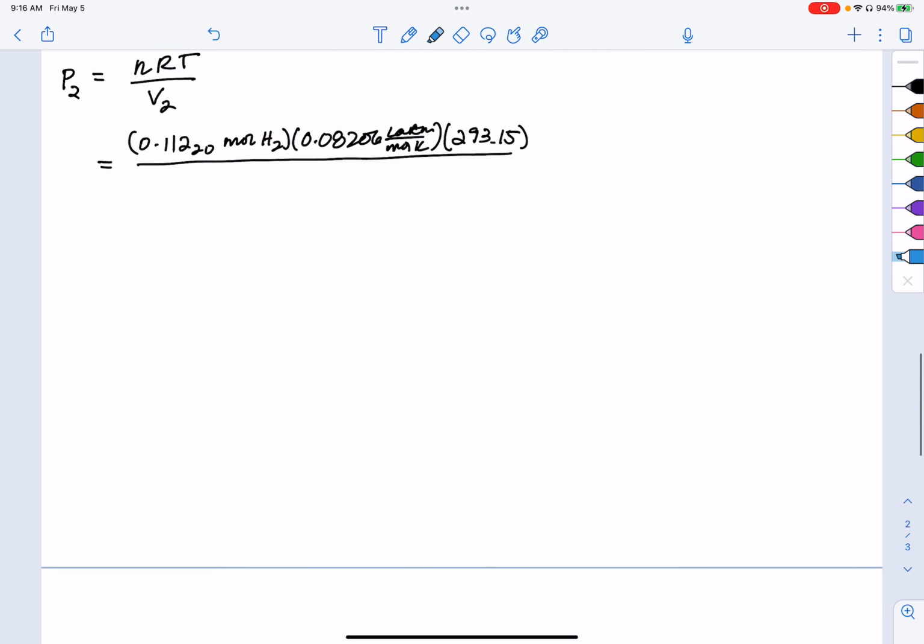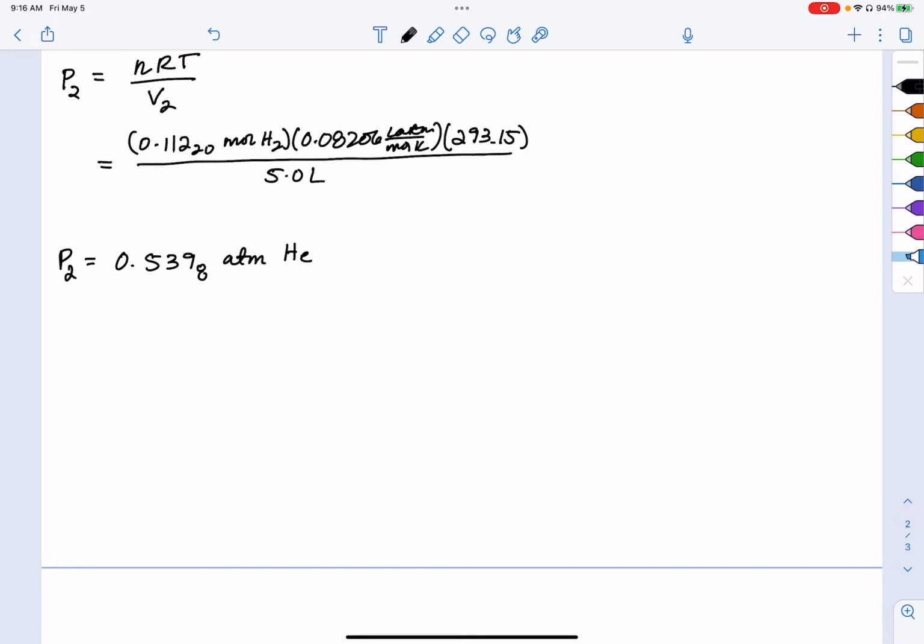So we have to account for that here. Okay, so let's do this calculation. So 0.11220 times 0.08206 times 293.15 divided by 5. This gives me a pressure of 0.5397 atmospheres of, this is our helium.